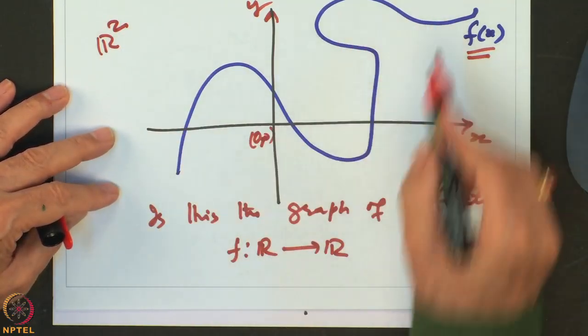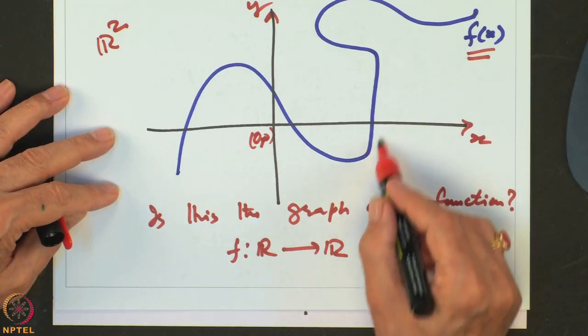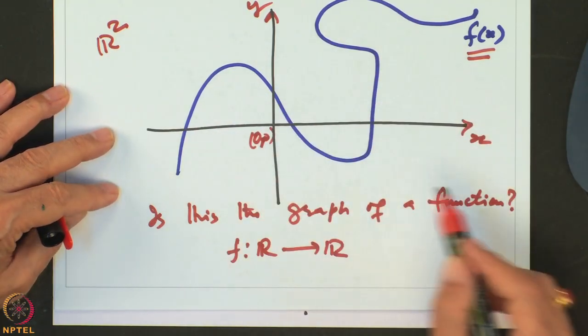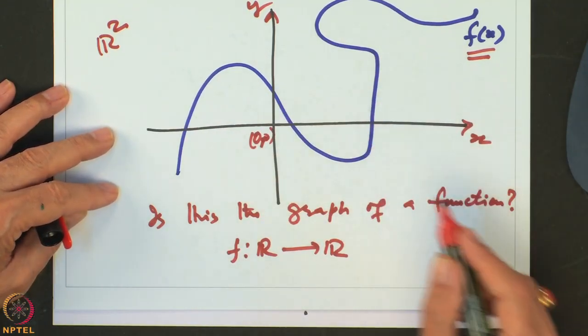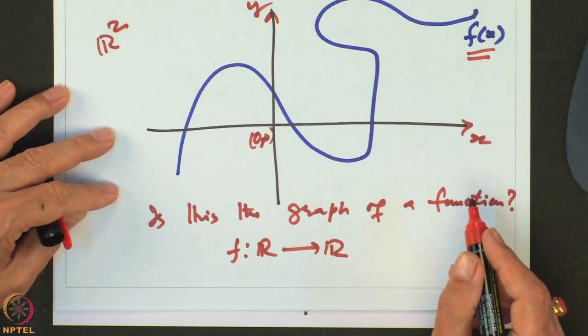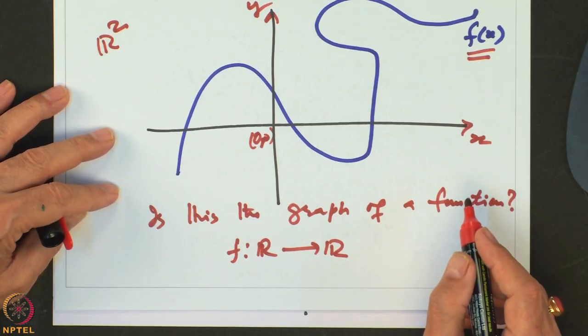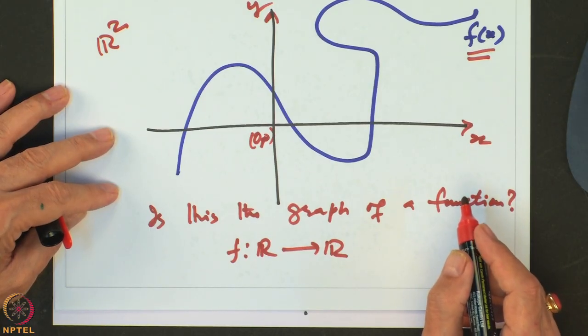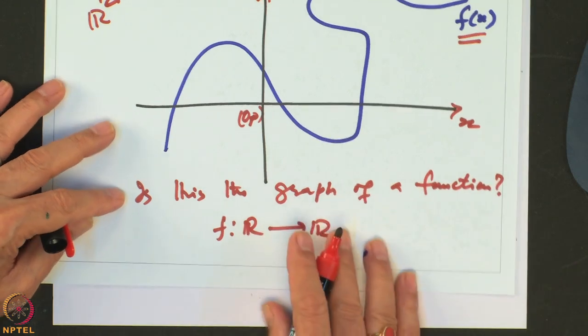The points x y on this blue curve are related to each other because they are on the curve. Now, the question is, can I say this is the graph of a function? To be the graph of a function, what is the property we want?